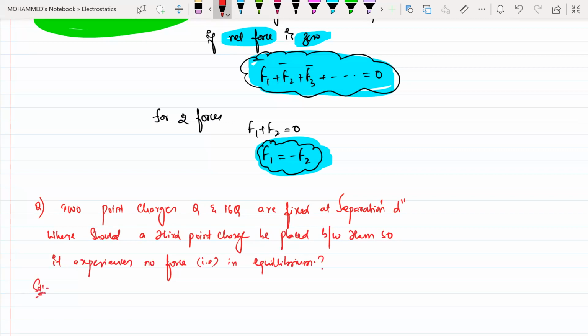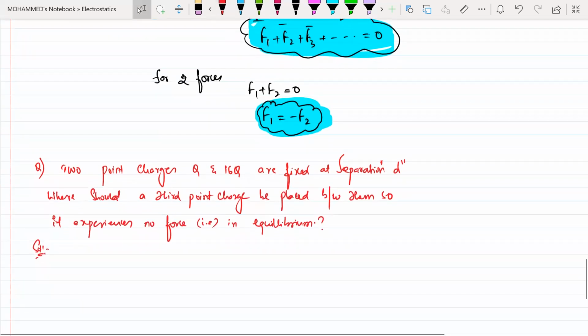Now read the question. We got 2 point charges. What do you mean by point charges, beta? The point charge means, say for example, if I'm talking about Usmania Medical College and AIIMS New Delhi, with respect to the distance, both of them are like point objects.